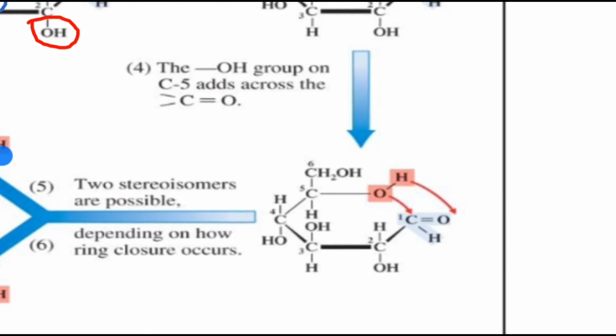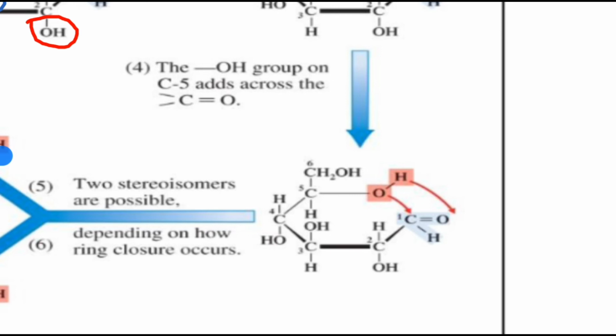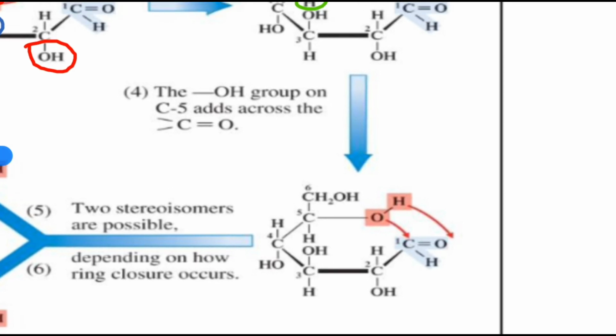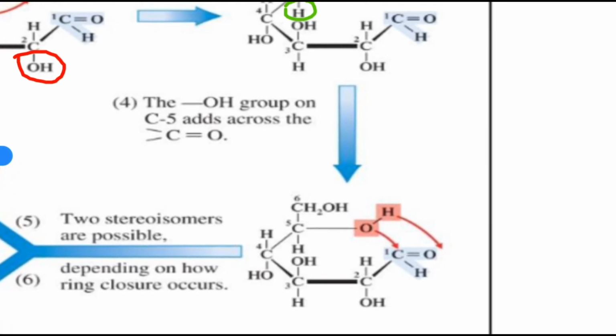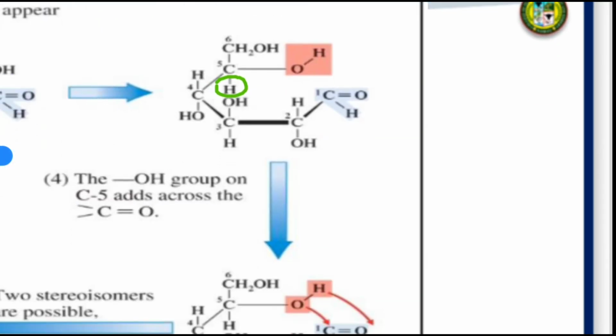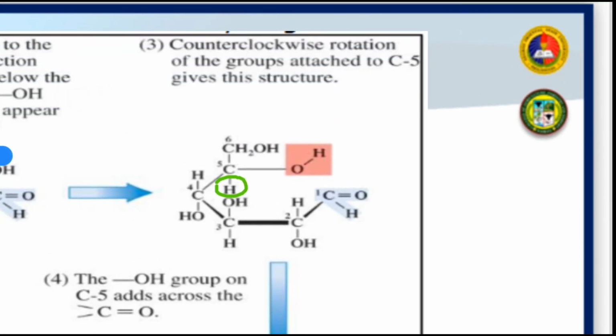The OH group on carbon 5 adds across the carbon double bond O. Right? So we have the OH group from step 3.